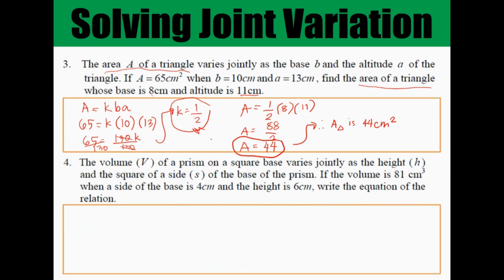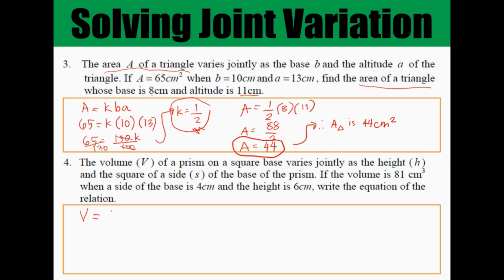So, next, the volume V of a prism on a square base varies jointly as the height h and the square of a side of the base. If the volume, okay, so we have first the equation V, volume V of a prism on a square base.